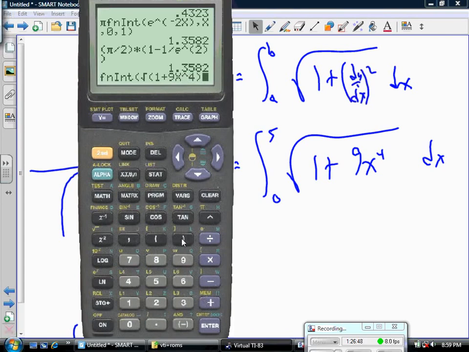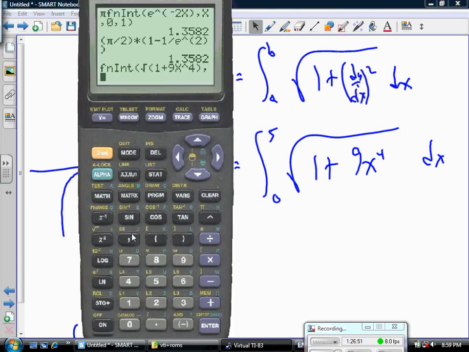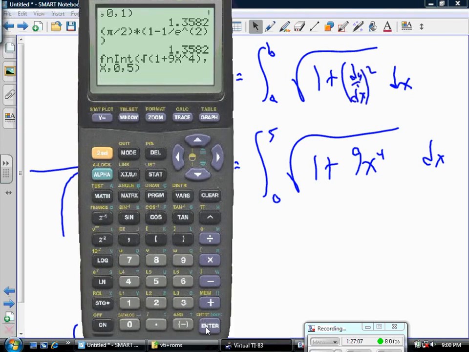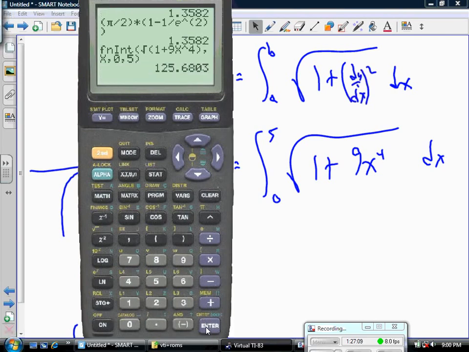Close the radical. Then what? Comma x. Then what? Comma 0. Comma 5. That's it. Just let Ziggy do the work. If there's no way to do this exactly, this is all you can do. And you get an estimate that's about 125.680.